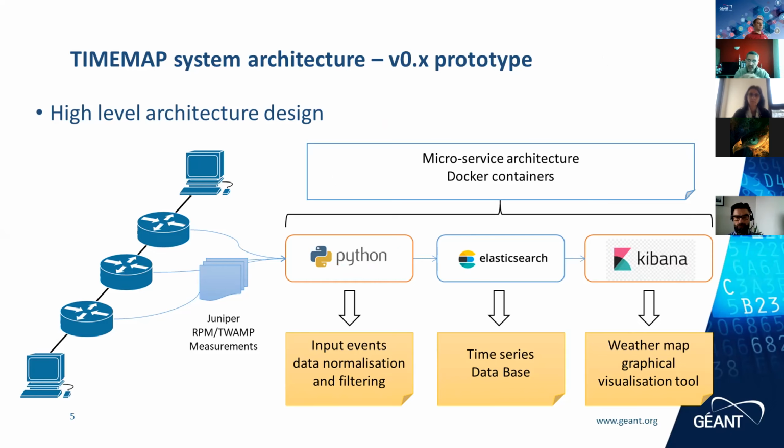We at first decided to go with Elasticsearch as time series database, even though Elasticsearch itself is slightly different than the pure time series database, and then to use Kibana. We decided to go with these tools because these were the most familiar to the people that implemented the tool.